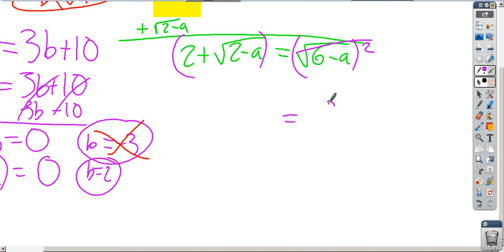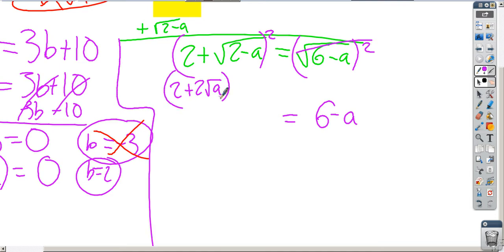Squaring and square rooting cancel, so we get this. And then how do you square this? That's the same as what we did on the last problem. That's the same as doing this right here, foiling this out. So let's FOIL this. 2 times 2 is 4. The outer terms are going to be 2 times that radical.